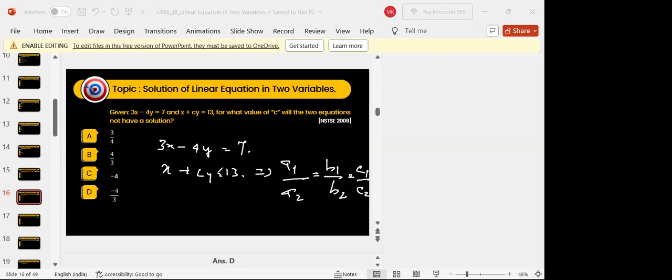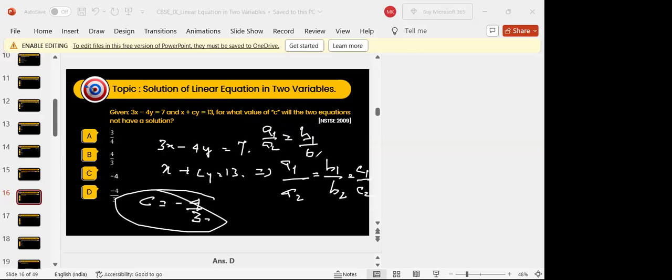So the value of c should be minus 4 by 3, because the coefficient a1 by a2 should be equal to b1 by b2 when comparing a1, b1, c1. Then only we can say that it doesn't have a solution.